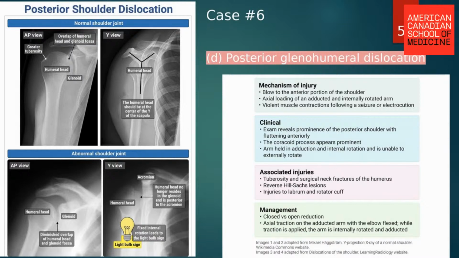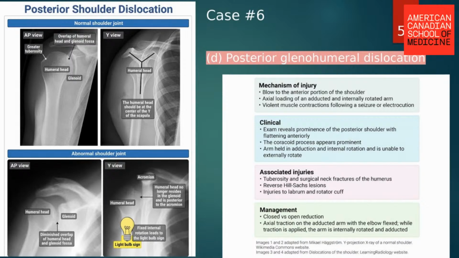So now we look at this particular case. This one, the humeral head is not overlapping with the glenoid fossa. There's diminished overlap. And when you look at the Y view, it should be sitting right here. It's all the way out here. This is what's called the light bulb sign, because when that humeral head dislocates posteriorly, it also twists.